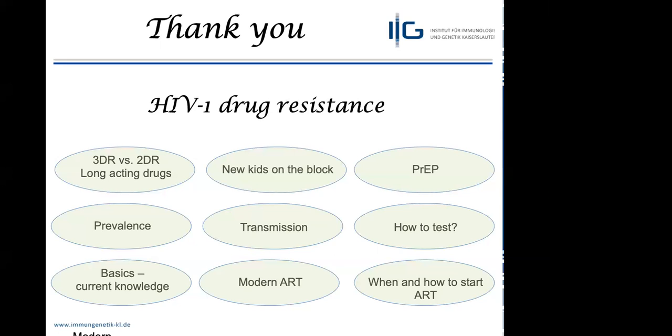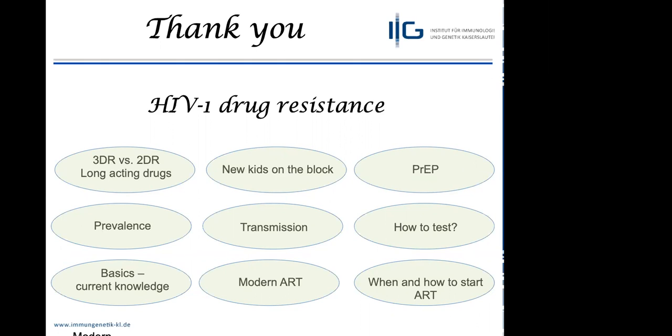There are only a few reports about transmitted integrase inhibitor drug resistance, and we started integrase inhibitors using raltegravir quite a while ago. So doing this all these years, there was no increase of integrase inhibitor resistance. It might be only related to the backbone, so probably we were only lucky.